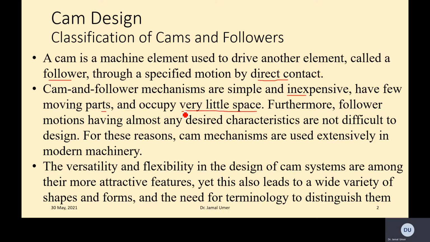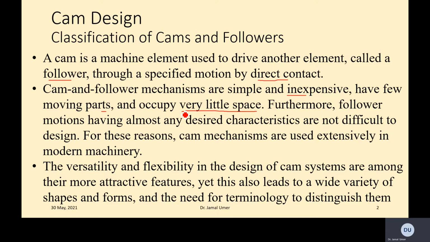I'm quite sure you have done a brief introduction of CAMs and followers when you have done your thermodynamics module. So the working principle of the CAMs is already being discussed.